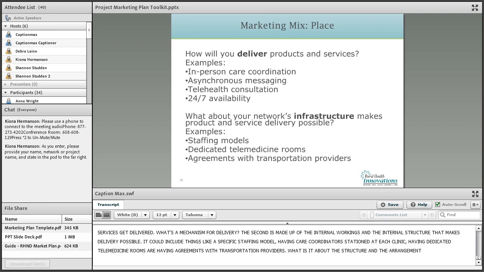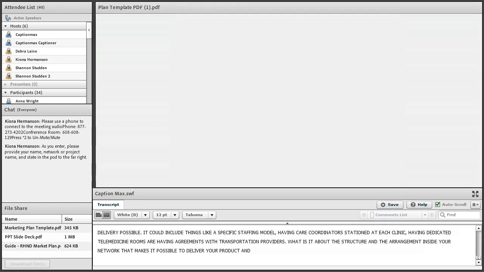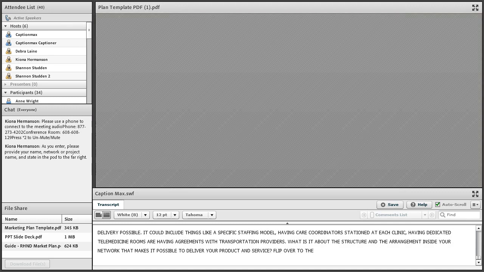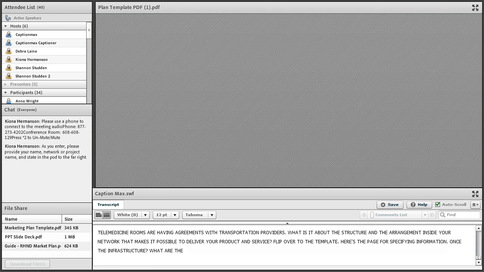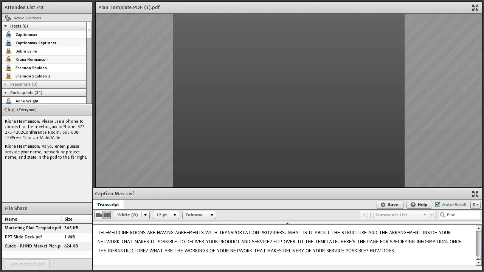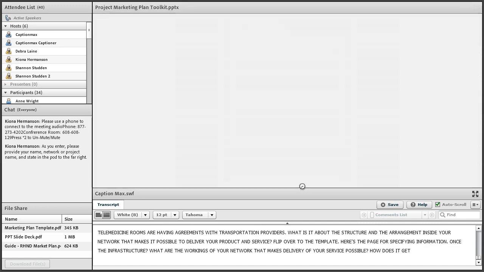The second aspect of place is made up of the internal workings and the internal structure that makes delivery possible. And it could include things like a specific staffing model, like having care coordinators stationed at each primary care clinic, having dedicated telemedicine rooms, or having agreements with transportation providers. So what is it about the structure and the arrangement inside your network that makes it possible to deliver your product and service?